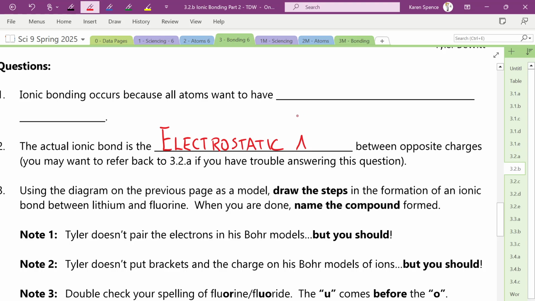And then I ran out of room, so I'm going to have to write attraction between opposite charges. If you got attraction, that was pretty good. If you wrote bond, that's not bad either.